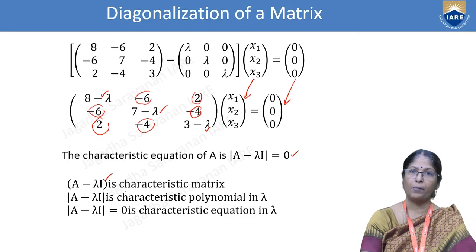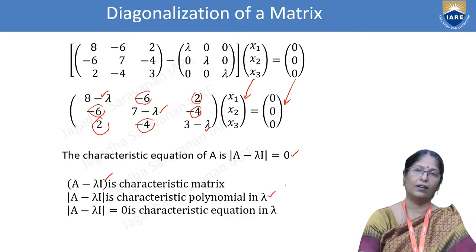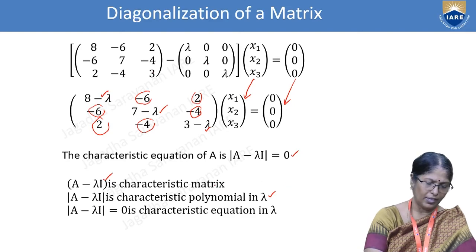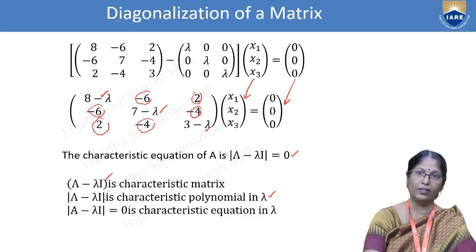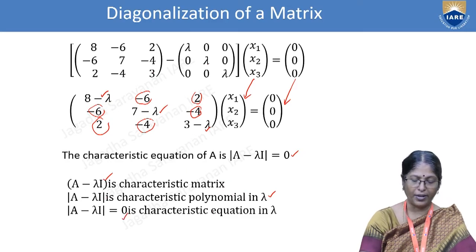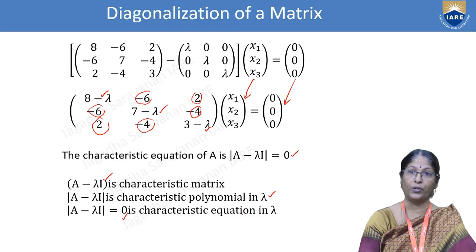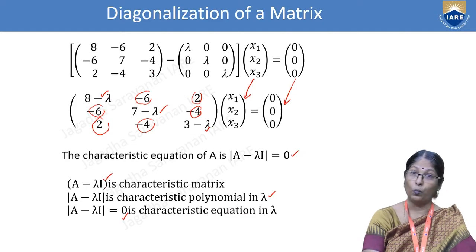Determinant A minus lambda I means characteristic polynomial in lambda. That is, if you find the determinant of this characteristic matrix, we get a polynomial in terms of lambda. This determinant equal to 0 is what we call the characteristic equation. So while doing mathematics, we have to remember what each symbol represents.